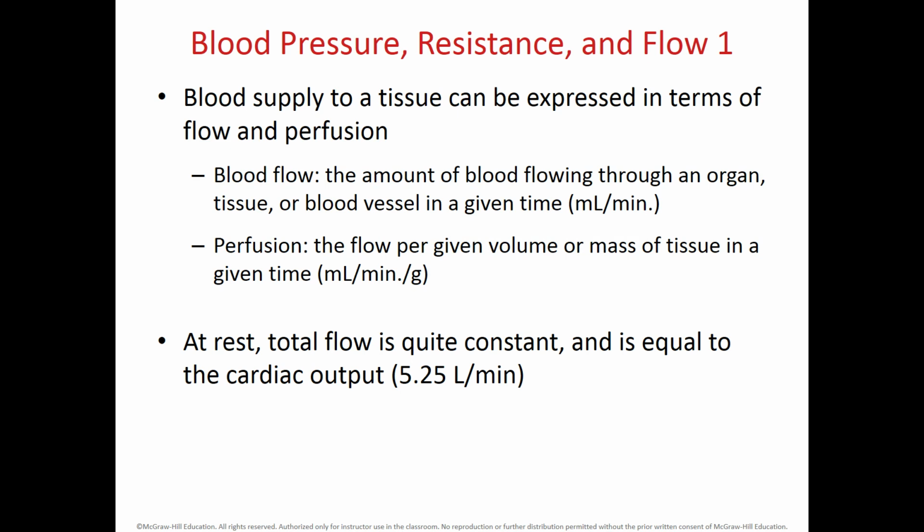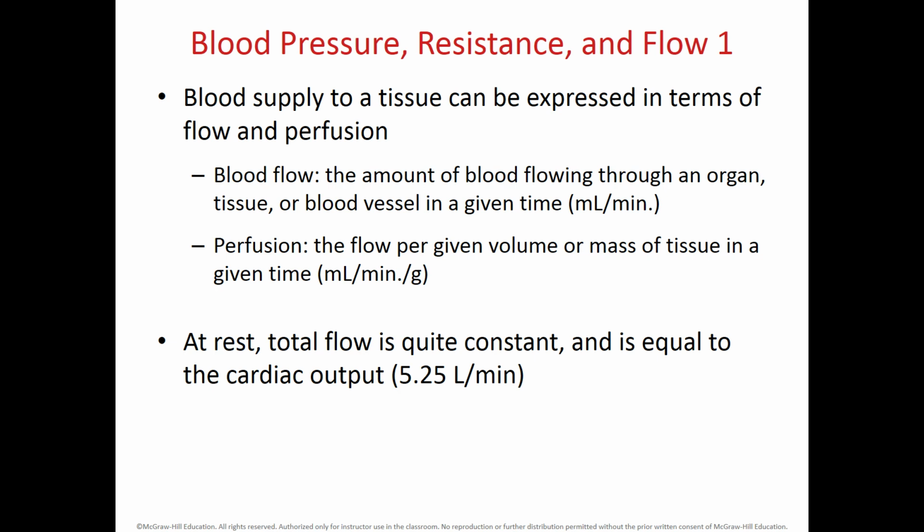Perfusion will go a little bit beyond. It not only deals with a specific amount of volume given to a tissue per minute of time, but also per gram of the tissue. So certain organs receive more perfusion per gram than others.